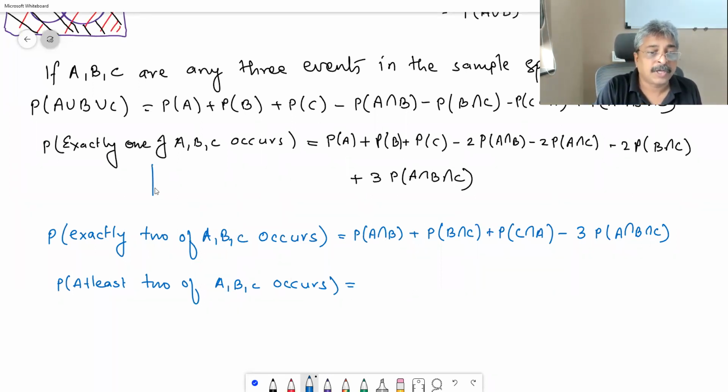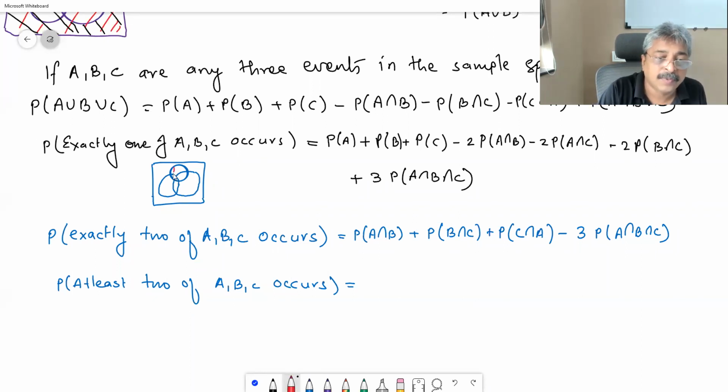Maybe the diagram will look like this. There is a sample space. There are 3 circles, A, B, and C. There is a common area. And then what you want is exactly 1. So we want this. We want this. And we want this. This is the first diagram.